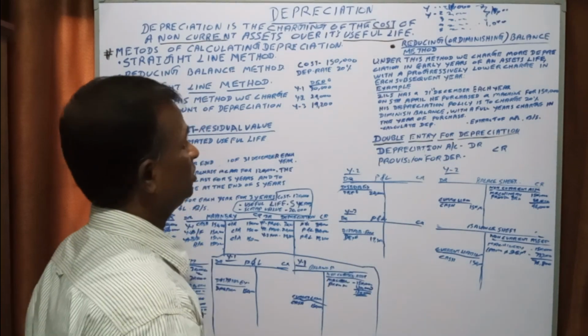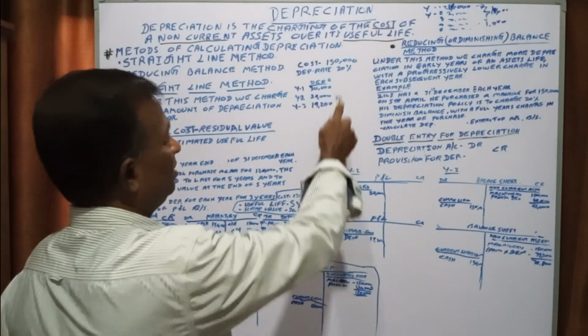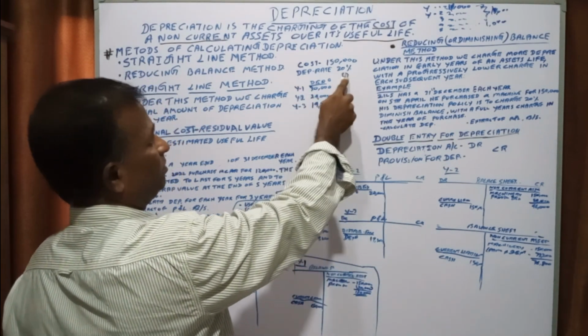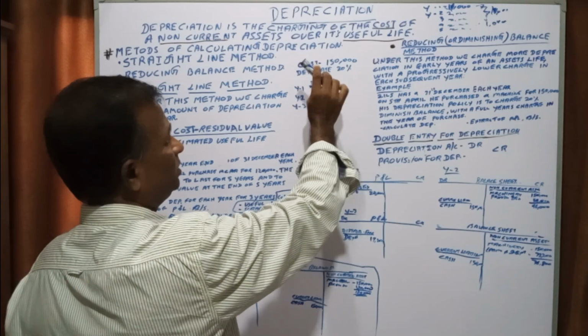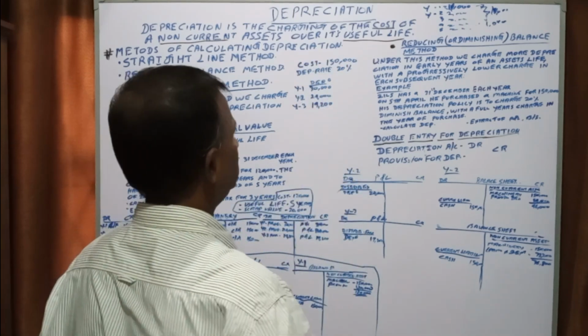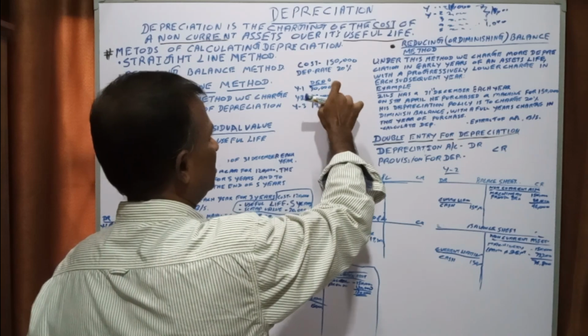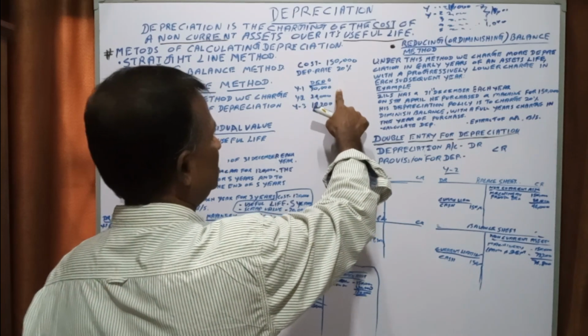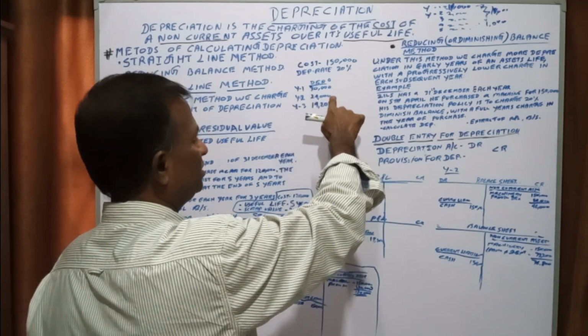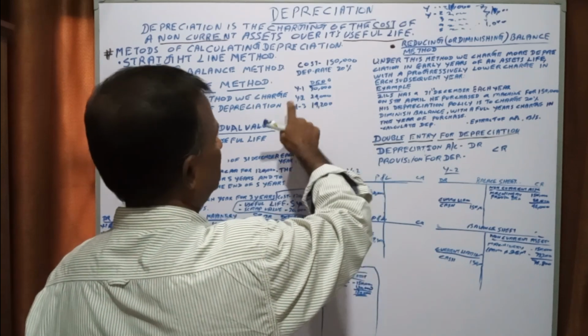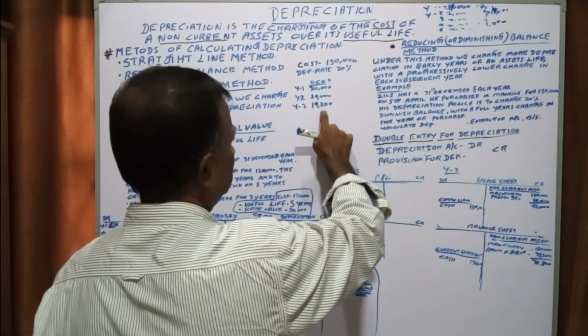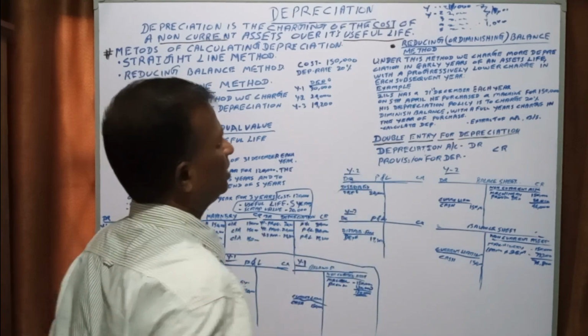This is the reducing balance method. See, depreciation is calculated at the rate of 20%. Cost is 150,000. First year the depreciation is 30,000. Second year it is 24,000. Third year it is 19,200. Right?